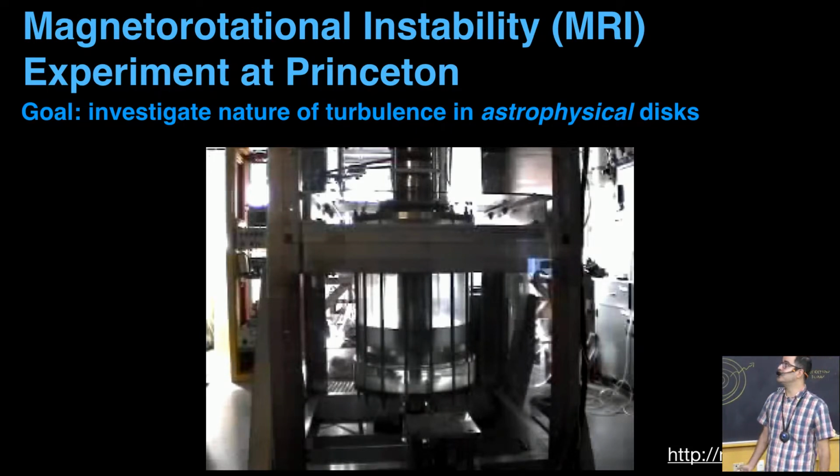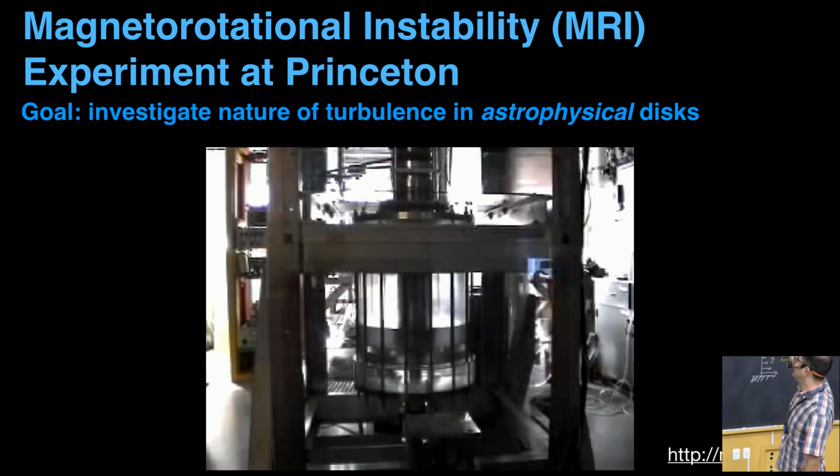You spend millions of dollars building this machine, with the goal of investigating the nature of turbulence, an actual empirical investigation of turbulence in accretion disks. And how do you do that?